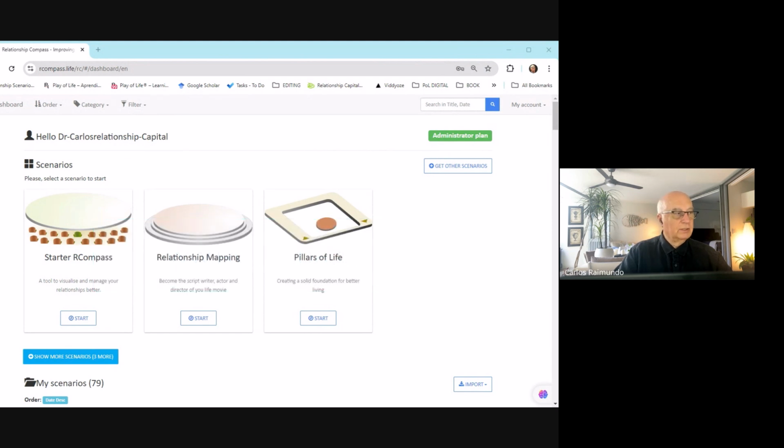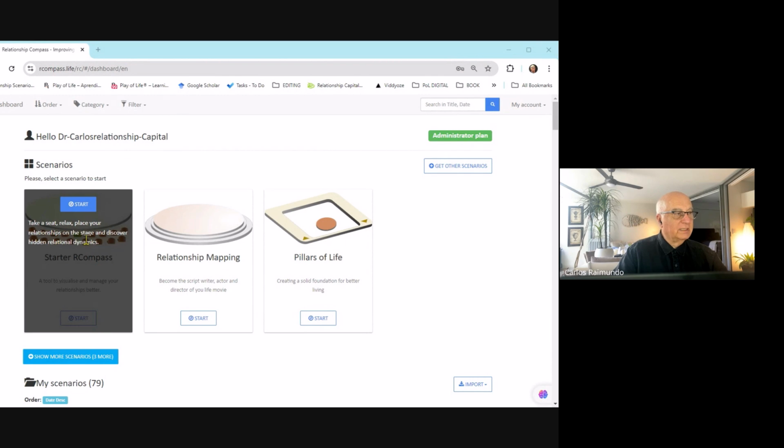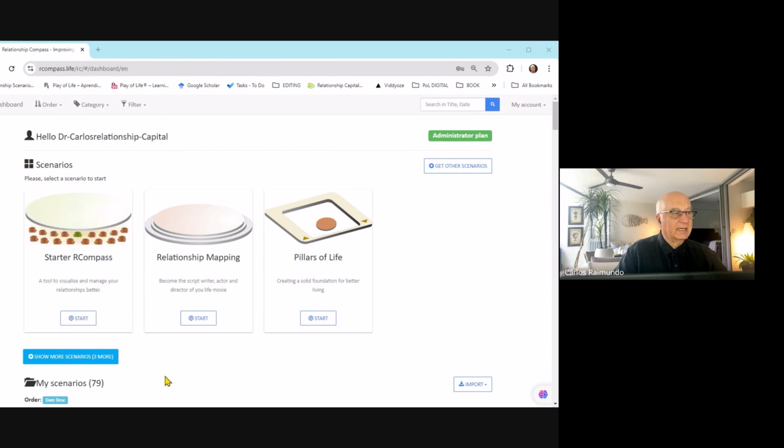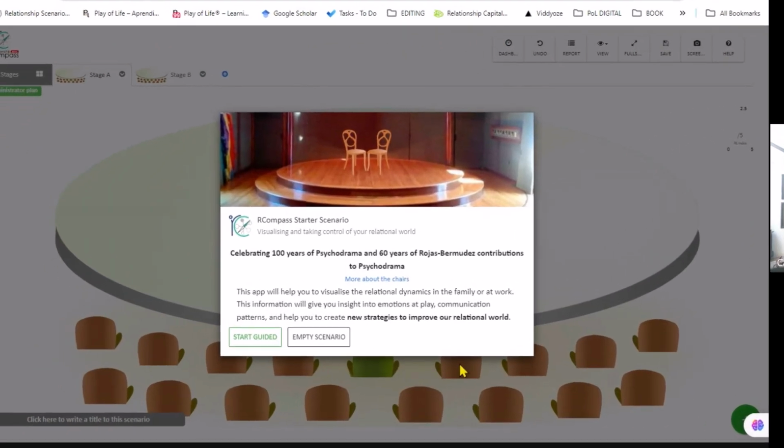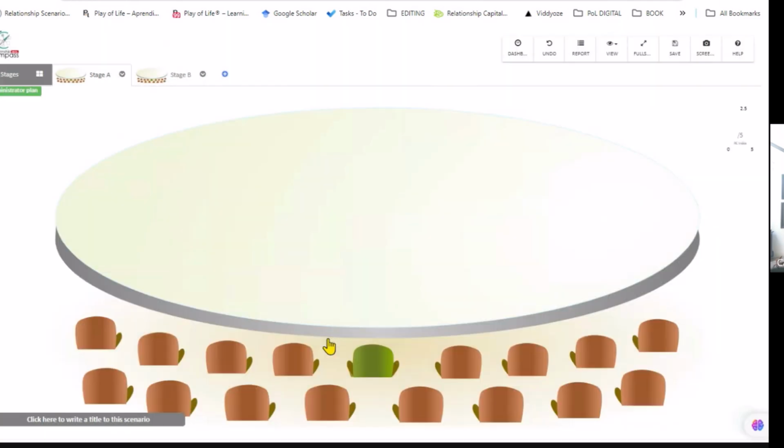We start with the starter RCompass, but somebody needs to learn how to do it, start with the guided one. I start with the empty scenario.